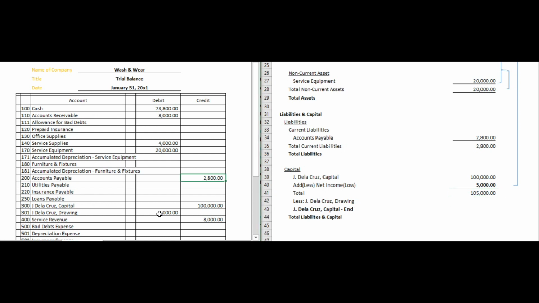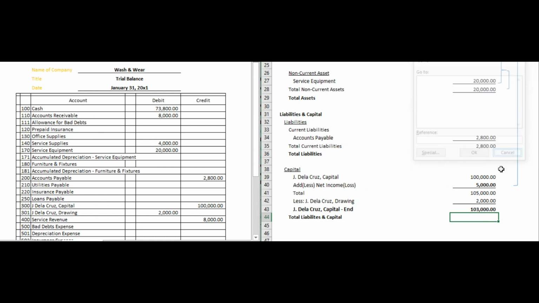Yan, yung drawing natin na 2,000 yung withdraw ng owner. So, that would be capital ending. Ito yung magiging capital end. Later on, ma-appreciate nyo kasi gagawa tayo ng ending entries. I-close natin tong drawing sa end capital. I-close din natin yung add net income sa capital. So, ending balance ng capital is supposed to be is 103. Okay?